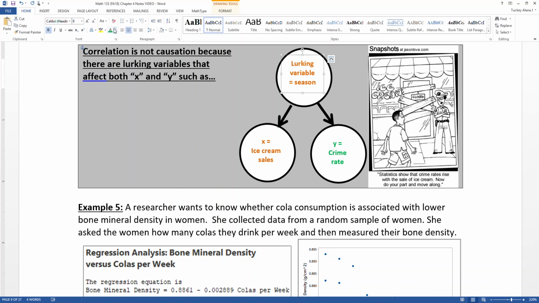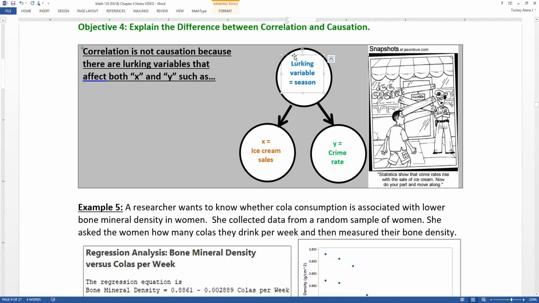Because if you're going to steal a big screen TV, you don't want to do it in the snow because one, you leave tire tracks, two, you could fall and hurt yourself carrying the TV, and three, it's cold outside. Who wants to rob anything in the cold, right? So the lurking variable is season, and the officer is missing that by boarding it up.